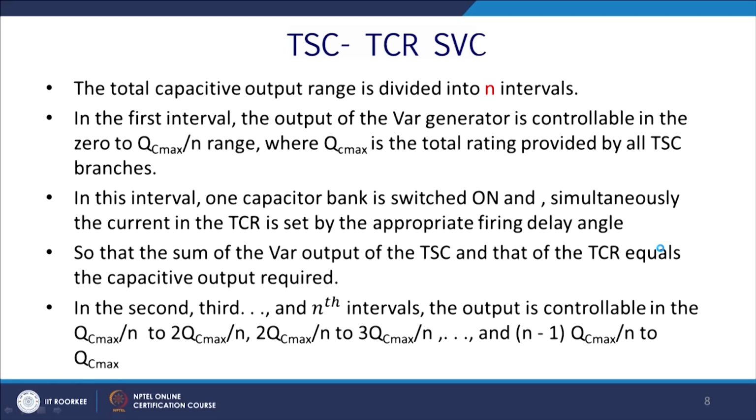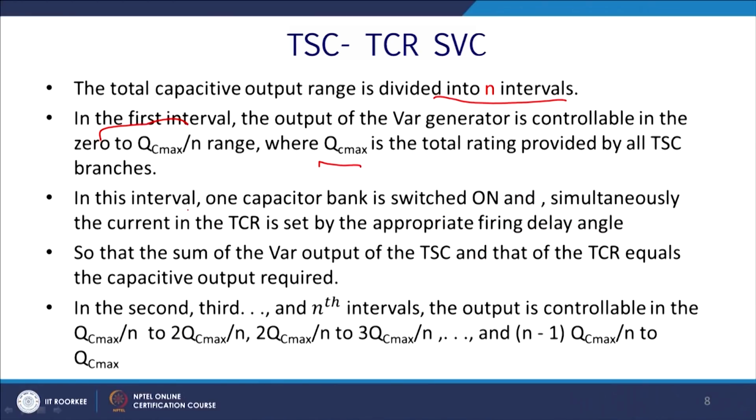The total capacitive output range is divided into individual intervals. In the first interval, the output of the VAR compensator is controlled from 0 to QC max by n, where n is the quantization, whereas QC max is the total rating provided by all the TSC branches.